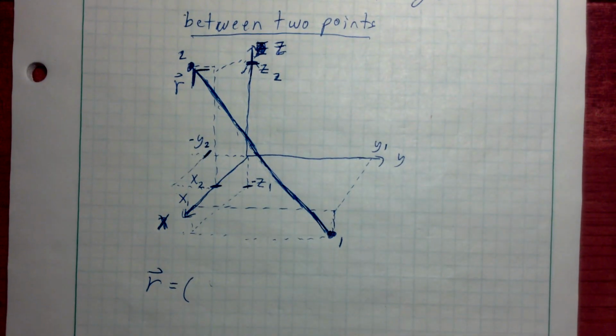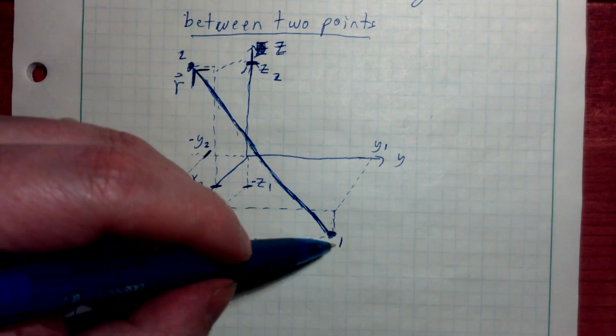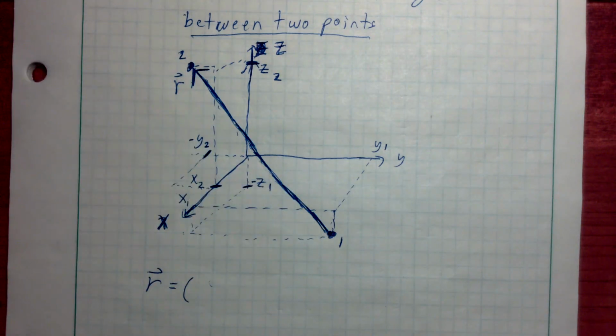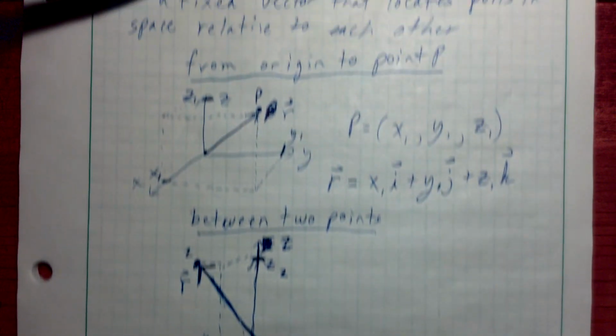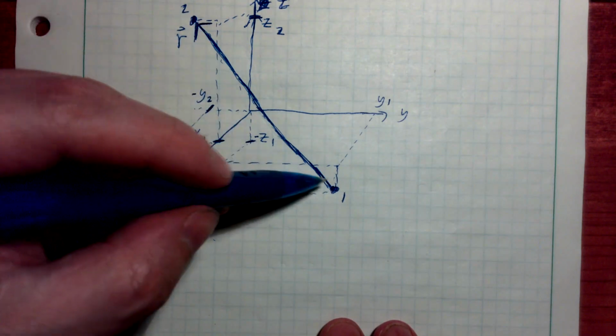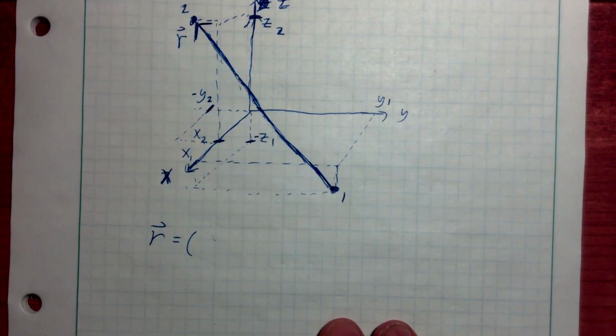How do I describe vector r? Well, again, you can dot in a bunch of little dots and then draw a solid line. And this is vector r, but let's describe it mathematically. How would I do that? I would use a position vector. How do I construct a position vector between 2 points? I'm going to go final minus initial. I'm going from 1 to 2.